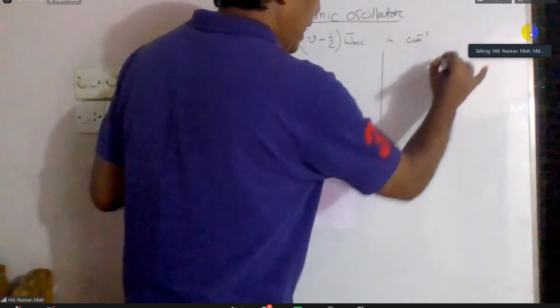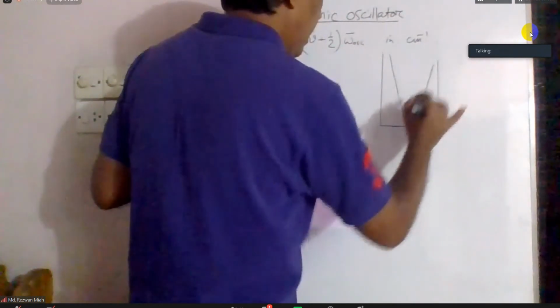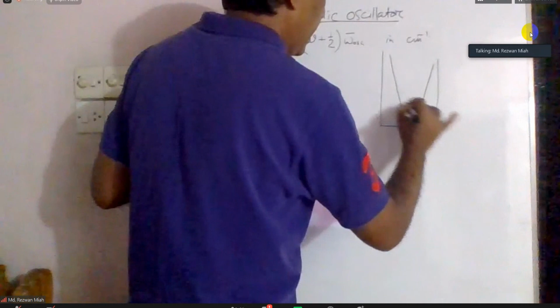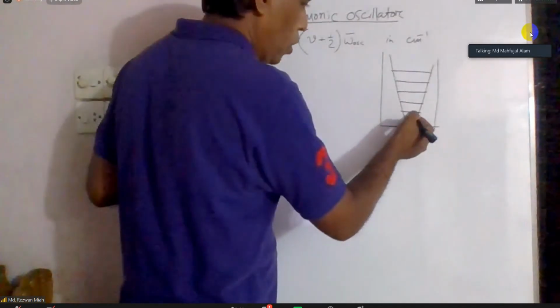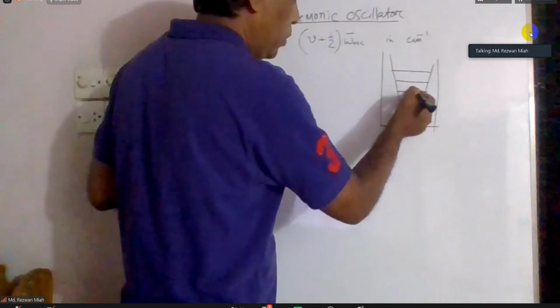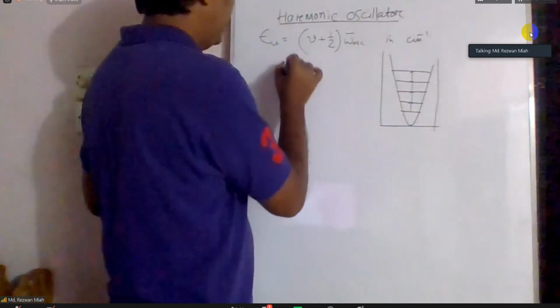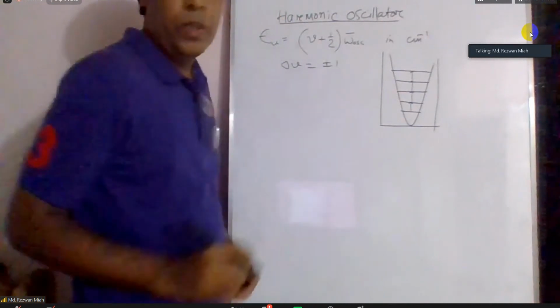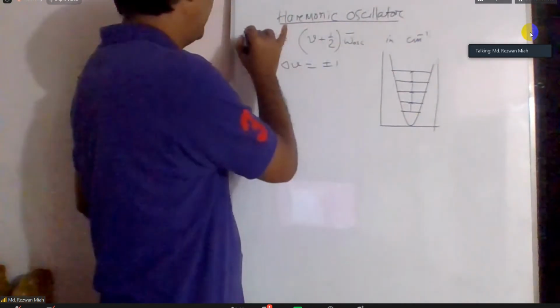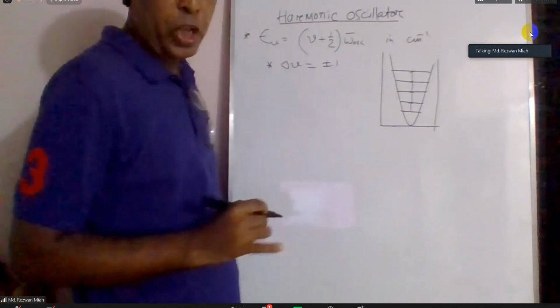And the energy line diagram was like this. And the selection rule was that transition takes place between two adjacent lines, that is, Δv was plus or minus 1. So for the anharmonic case, the energy expression will also be changed and the selection rule will also be changed.